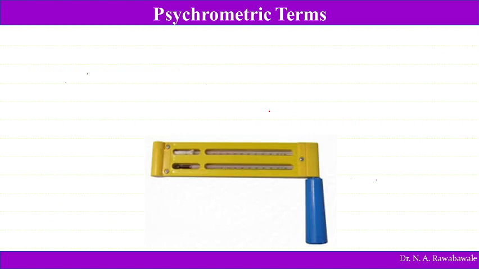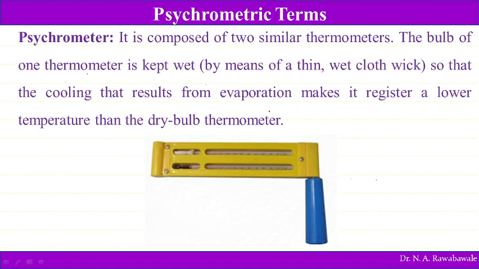Coming to the psychrometer, what is a psychrometer? It is composed of two similar thermometers, thermometer 1 and thermometer 2. The bulb of one thermometer is open to air, and the second one is covered with a wick over it. This wick is wet; water is poured over it.